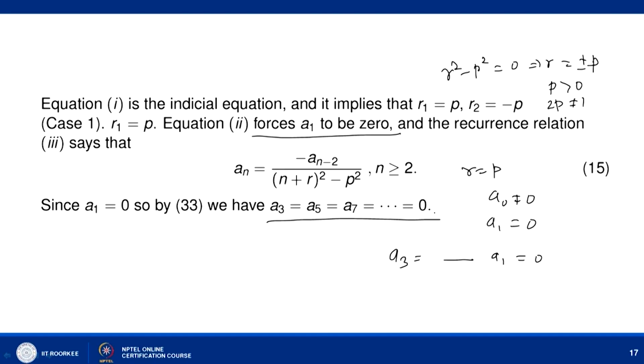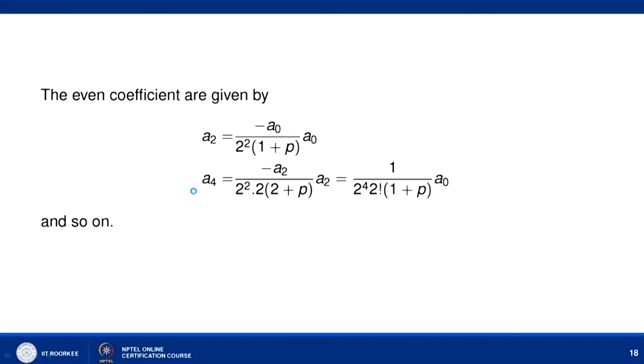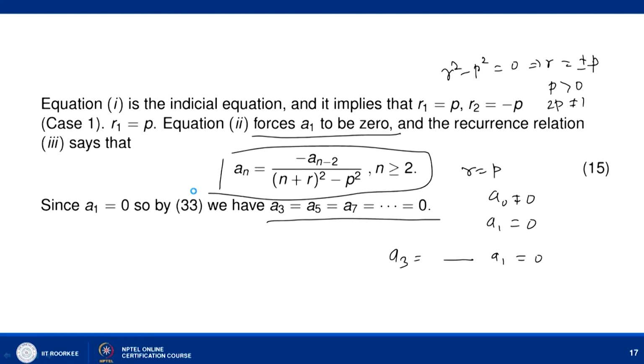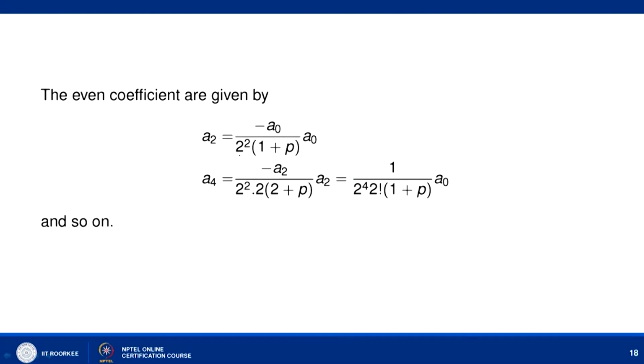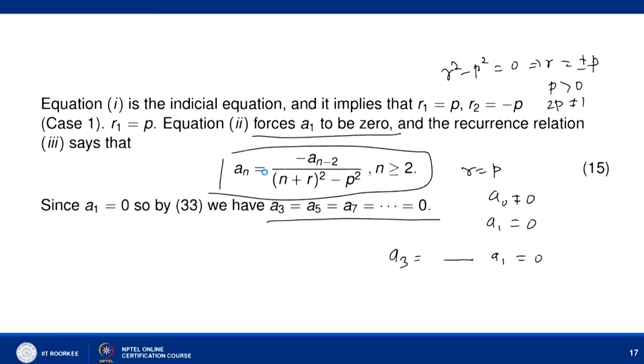Similarly, all the odd coefficients have to be 0 because of this recurrence relation. So we need to find only a2 in terms of a0. Using n equal to 2, a2 is equal to minus a0 divided by (2 + p)² − p².